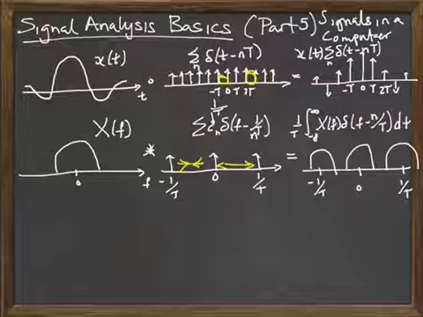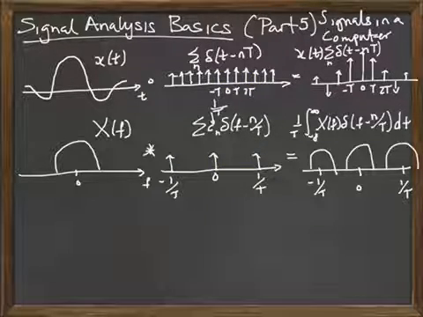So the more n's there are within a certain period, I'm sorry, I was wrong. It was n over t. The more n's there are within a certain period, the more points there are within a certain period, the further away the frequency points are.